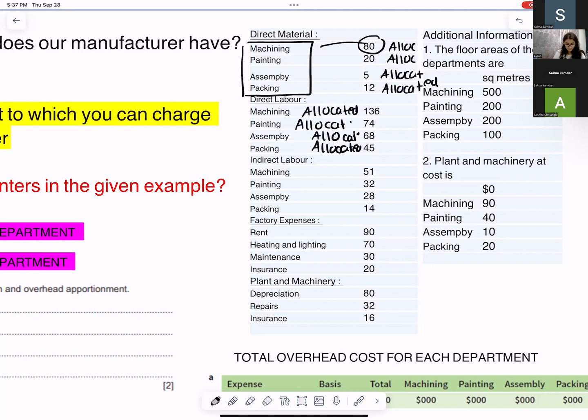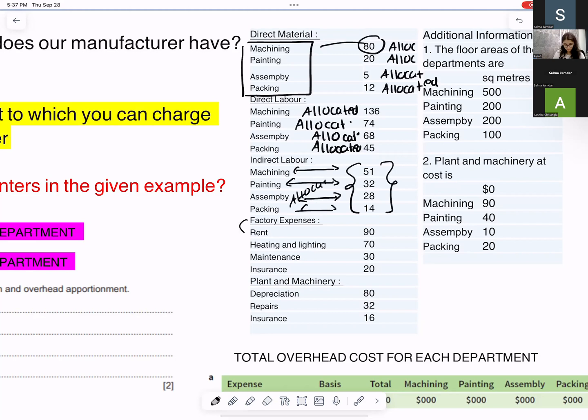Okay. For indirect labor, over here also it is allocated, because the entire amount of expenditure is related to the department. Are you with me? Okay, so even here it is allocated.